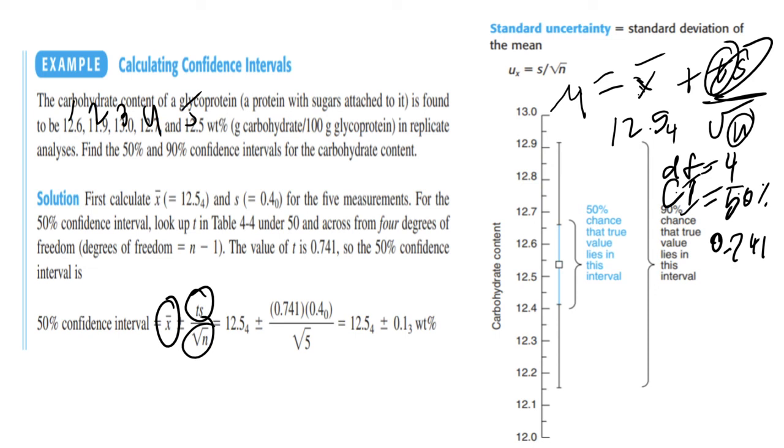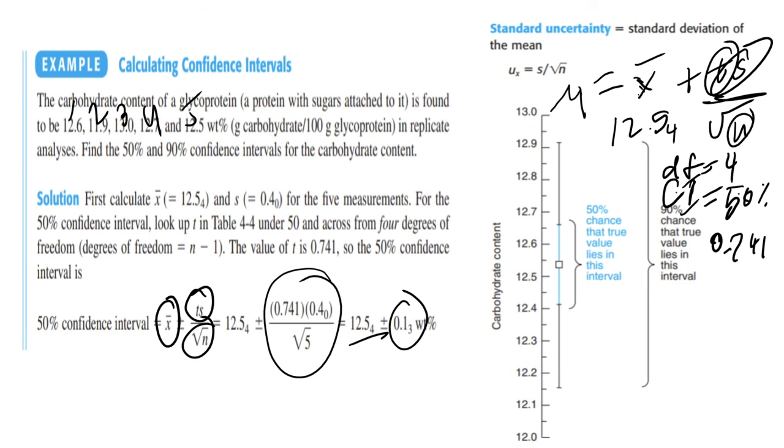So after you do that, dealing with this first chunk, it ends up being 0.13. And then you just add and subtract that. That means 12.54 plus 0.13 falls in this part, and 12.54 minus 0.13 in this part.